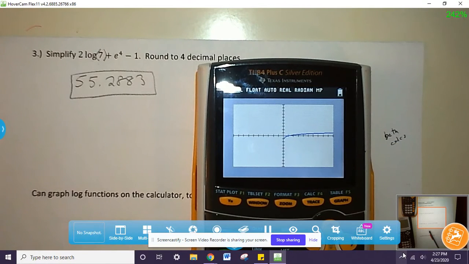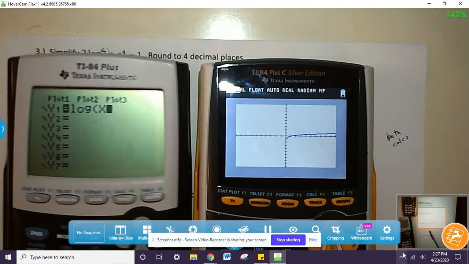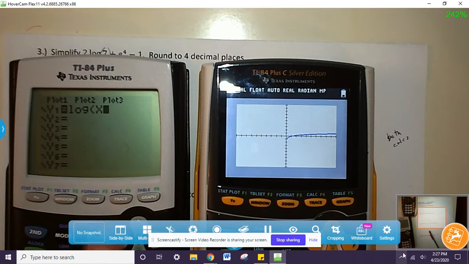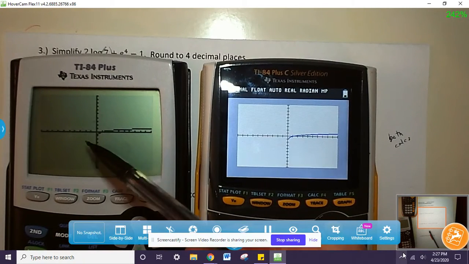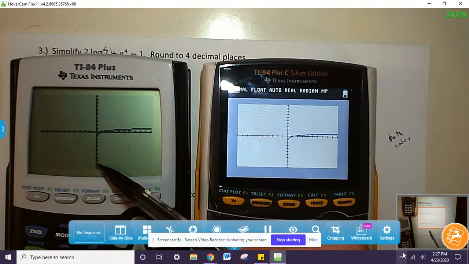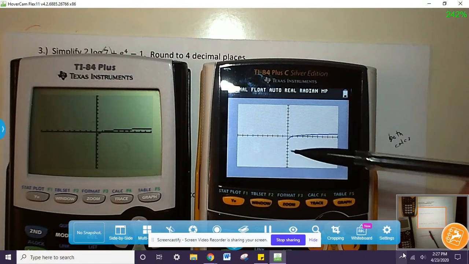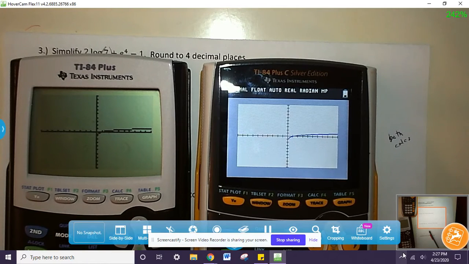You might not even notice it if you're using a calculator that doesn't have color graphing. So if I show you on the other calculator, log of x, you might not even notice that the calculator is not putting that part that comes down toward the vertical asymptote. But if you have a color graphing calculator, you'll notice it. It's just a limitation of the calculator.